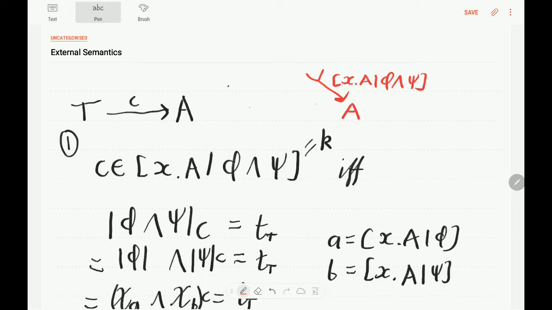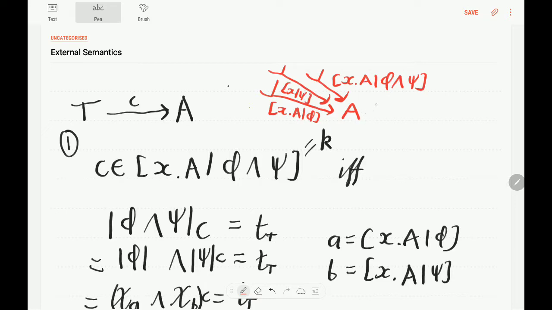So also we've got the extension of phi over x, and also the extension of psi.